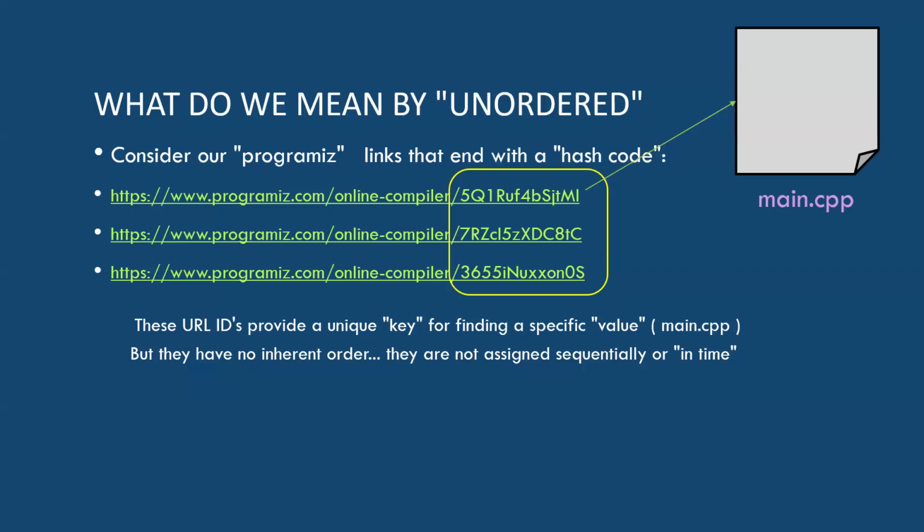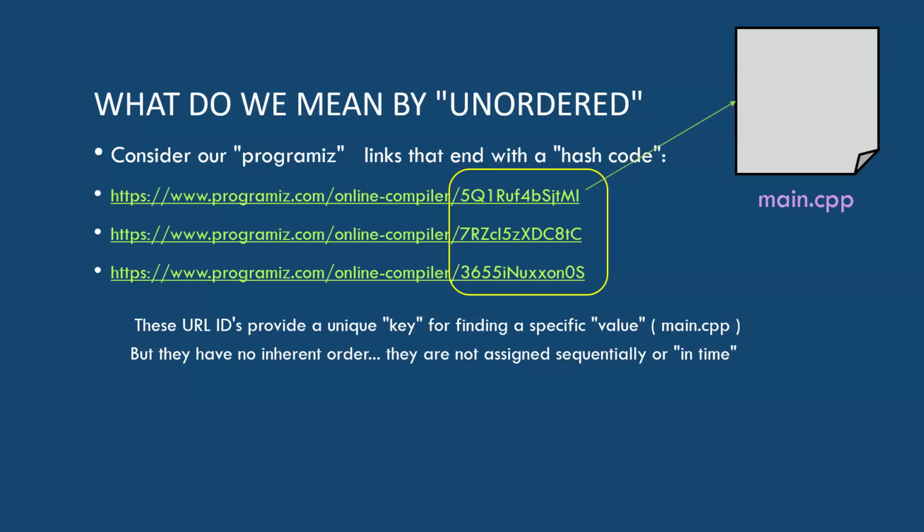Well, people figured out a long time ago that that would be a really bad idea if you were Program IZ. You don't want to generate these URLs in any sequential order because it allows hackers to find those things. So they randomize the URL in some way that spans as broadly as possible every possible combination of those letters up to some agreed number of letters.